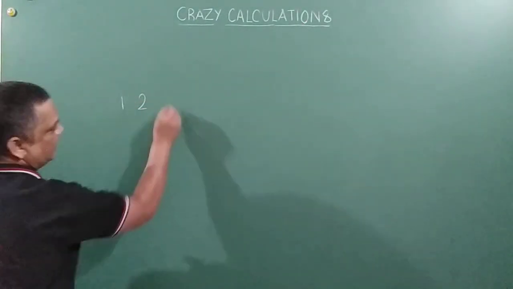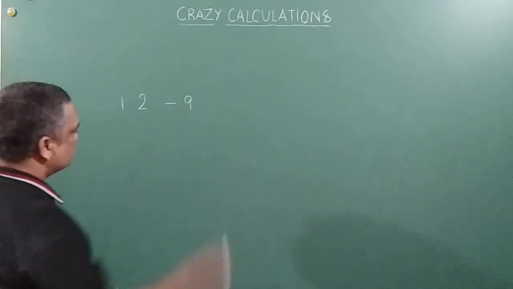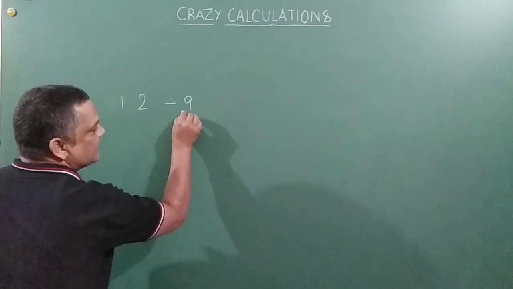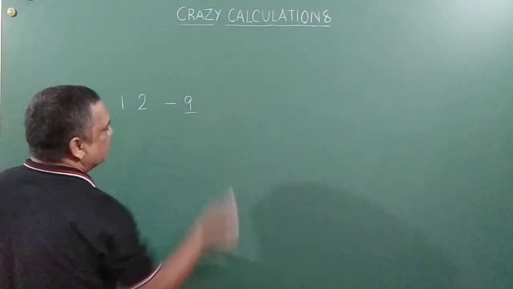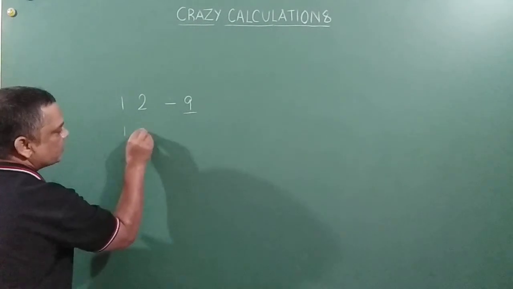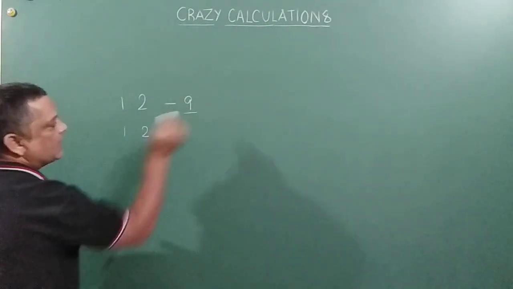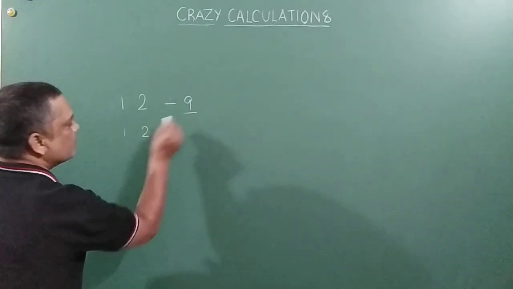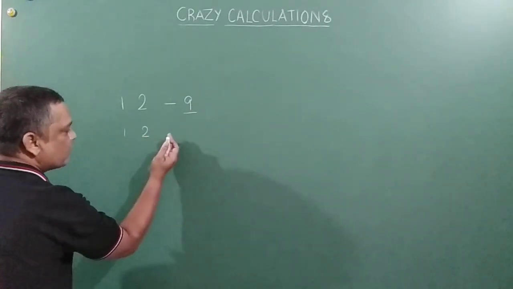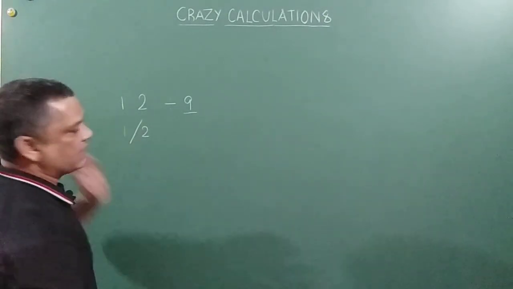Let's say this is 12 divided by 9. I need to divide it by 9. See, 9 is a single digit. So I am going to write 12 here, and since 9 is a single digit, I am going to mark one digit from the right hand side for the remainder, and I will draw an oblique line here.